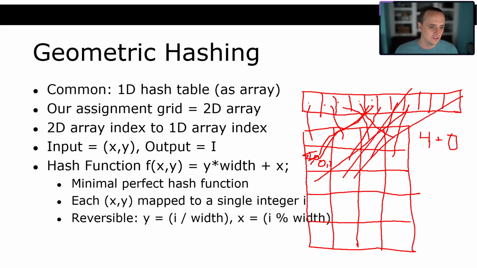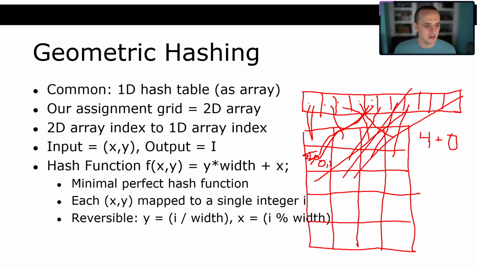And this is injective because every input value in the 2D array has a unique value in the 1D array that it maps to. It's surjective because every value in the 1D array has a value mapped to it. And that makes it bijective, so it's one-to-one and onto.